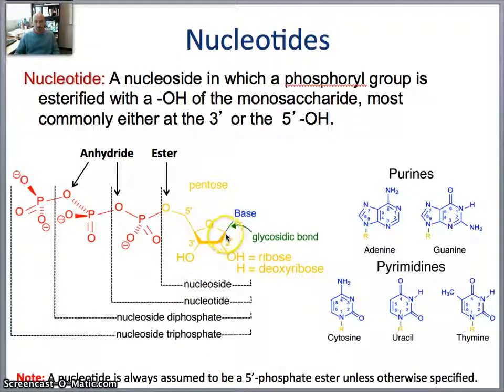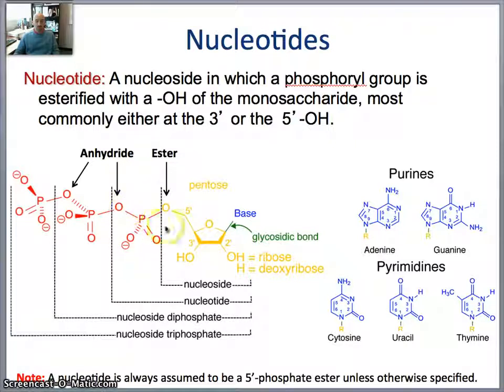Okay, we number those carbons 1', 2', 3', 4', and 5'. In blue could be the different bases, whether it's a purine or pyrimidine. That's linked through a glycosidic bond. And if we look at the sugar, we either have ribose with a 2' hydroxyl, or we have deoxyribose with a 2' hydrogen. Most commonly, okay, we basically have off the 5' hydroxyl, we have phosphates, okay, or these phosphoryl groups.